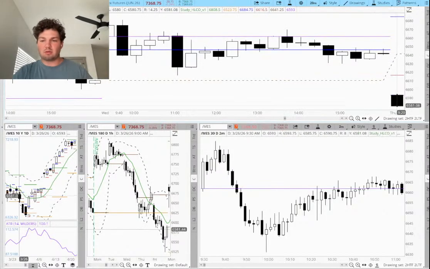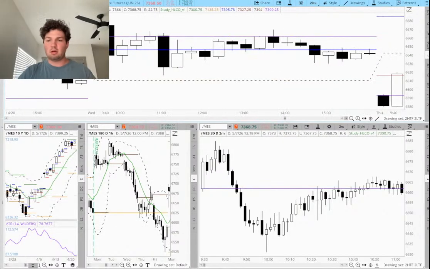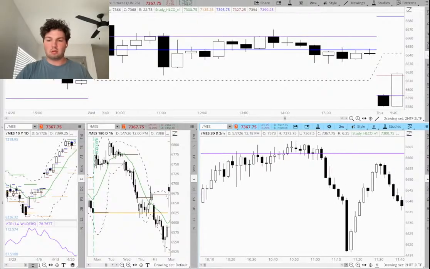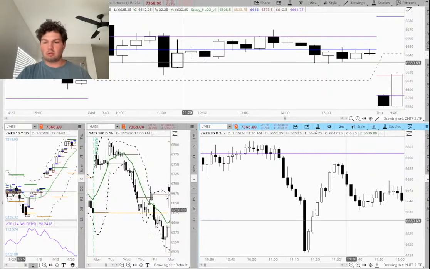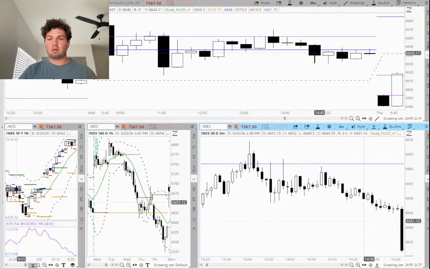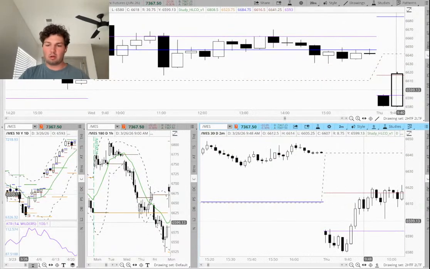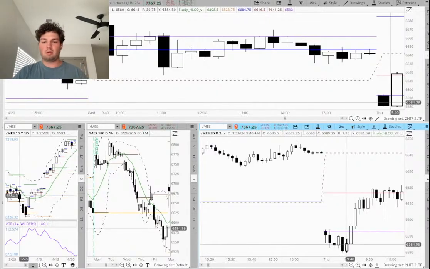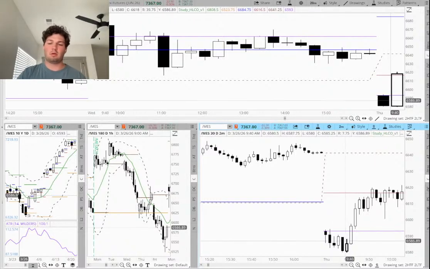So push way down, so we'll take the break of this bar. And looks like it's a push up. Move forward. Does this bar break below the low? Does not.